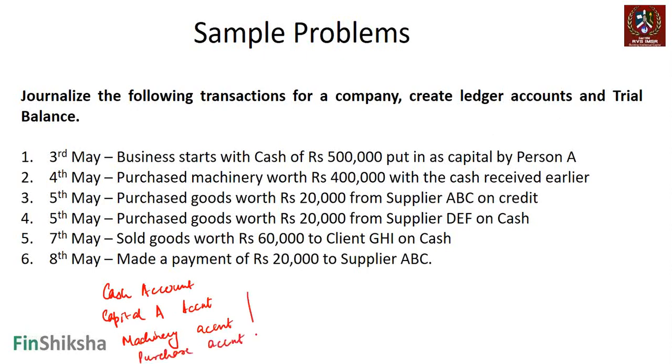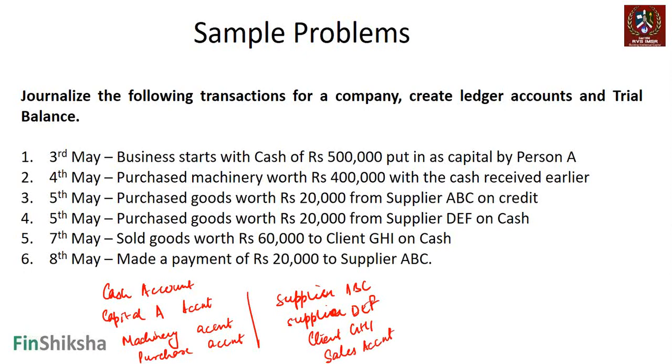What else? We have a supplier ABC account, supplier DEF account, client GHI account, and a sales account. Right, so broadly these are the kind of accounts we will have when we try and create the ledgers.